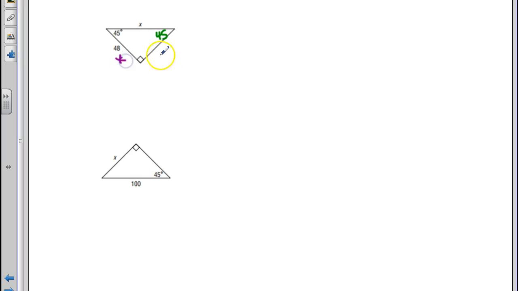I'll use L on this one since I already used X. This is a leg, and we know the ratio is we take the leg and multiply it by the square root of 2. That's the ratio of these sides. So I know the leg is 48, which makes the hypotenuse 48 times the square root of 2.